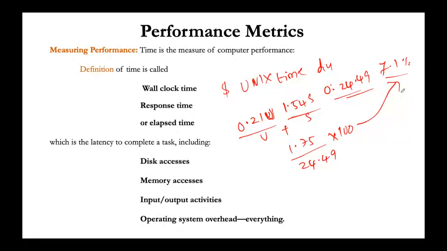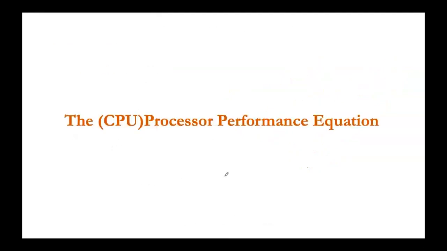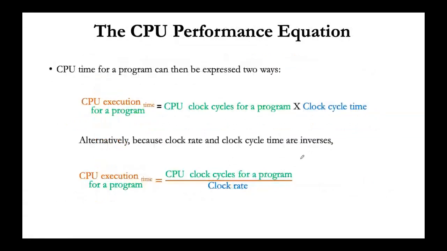So given a method of measuring time and the computation of different times, from these measures we can now discuss a simple model of computation for measuring CPU performance, which we call the CPU performance equation.